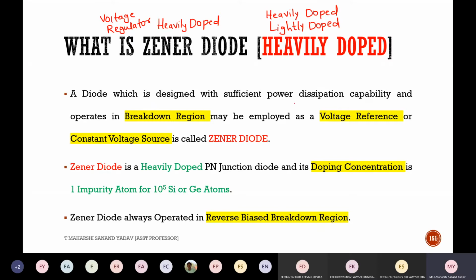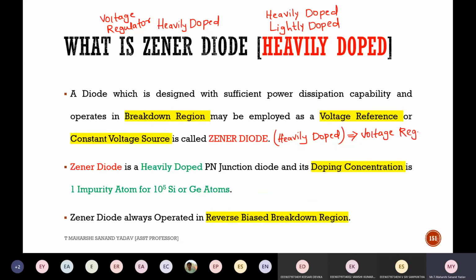A diode which is designed with sufficient power dissipation capability and operates in breakdown region may be employed as a voltage reference or constant voltage source, which is nothing but Zener diode. So Zener diode is generally heavily doped or lightly doped? Heavily doped. Zener diode is heavily doped, and the main application is voltage regulation.